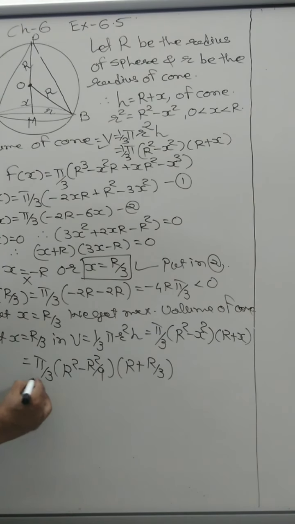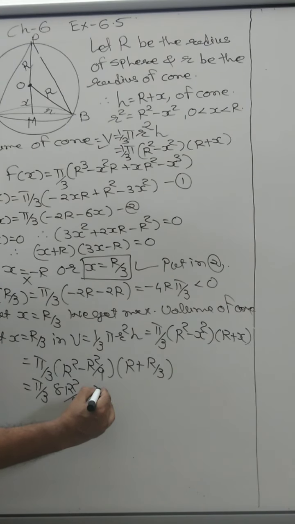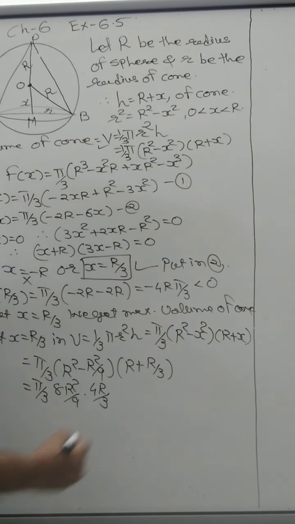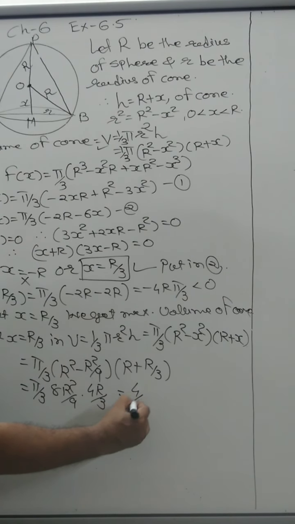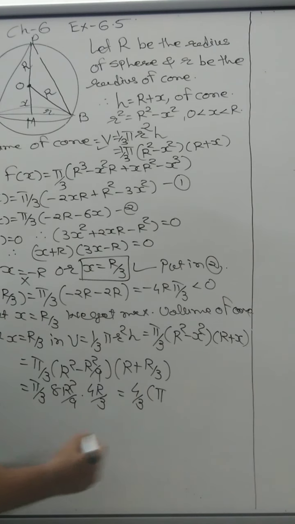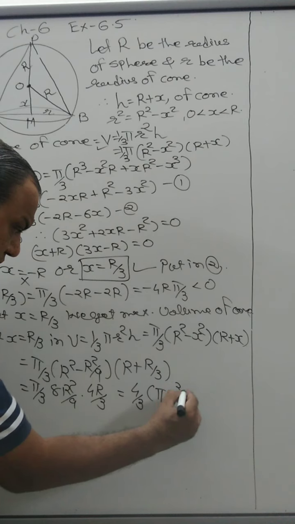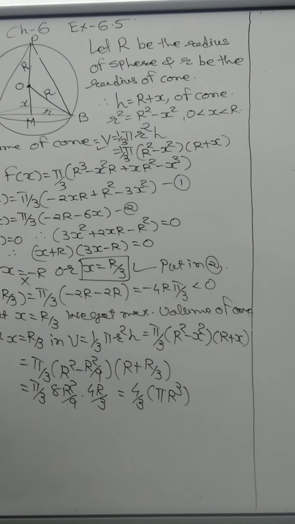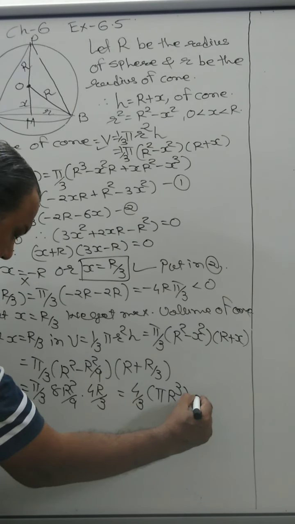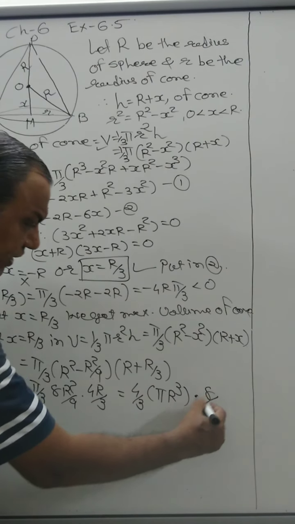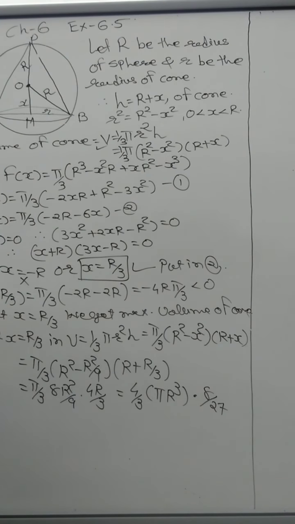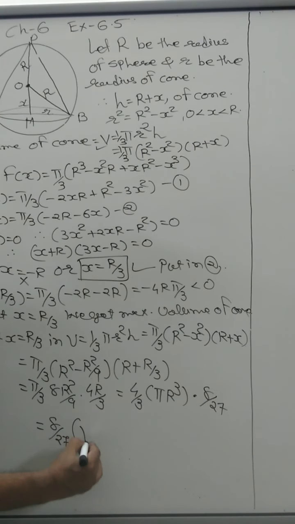So we have pi by 3, 8R square by 9 into 4R upon 3. So it is 4 by 3 pi R cube into 8 by 27.